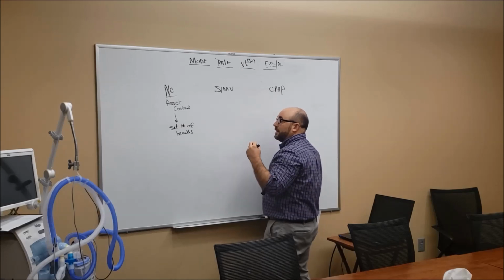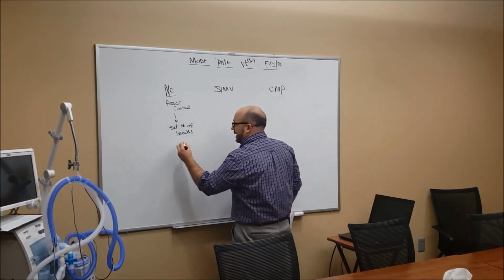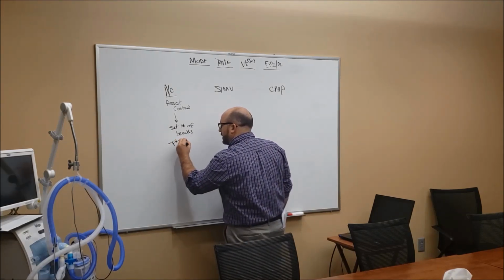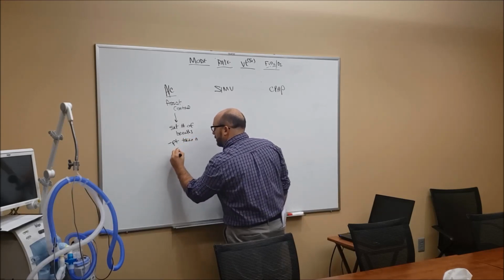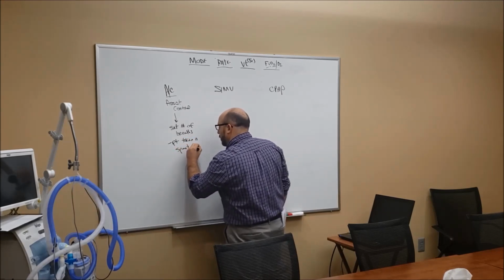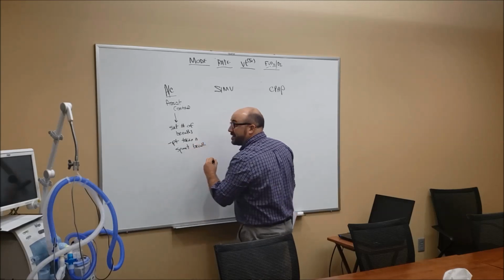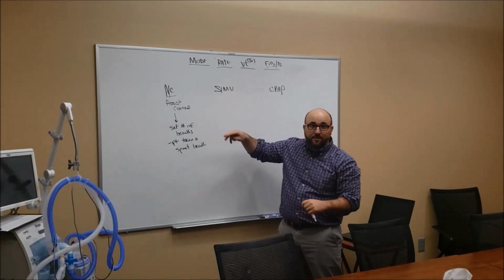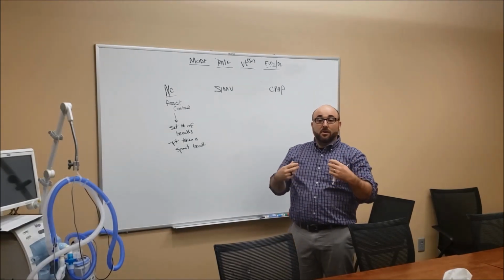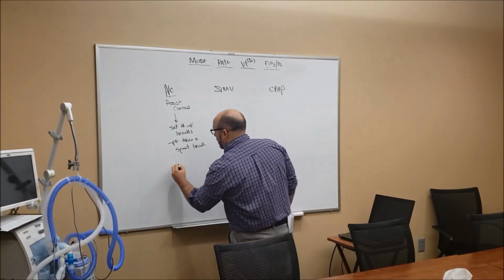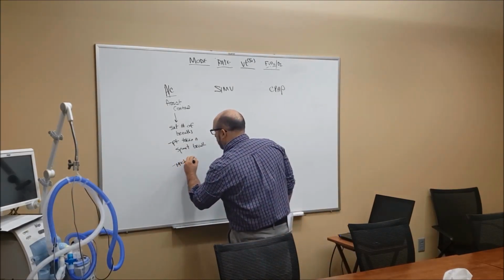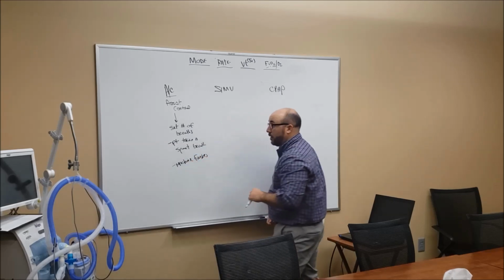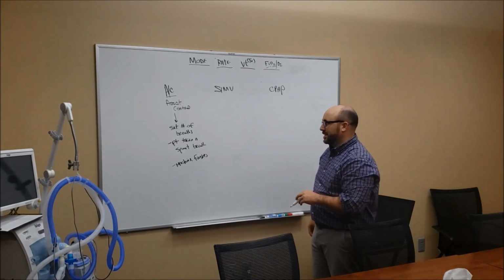But the difference is, and we'll show you in a schematic in a second, if the patient takes a spontaneous breath, so let's say they're not totally paralyzed or totally sedated, and you have a respiratory rate set of 16, and in between those they start their breath on their own, the machine finishes every breath. I'll show you in a picture, and it'll make more sense in a second.